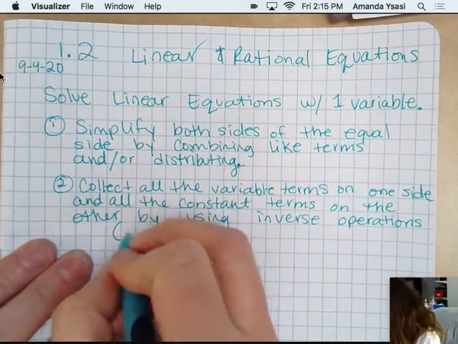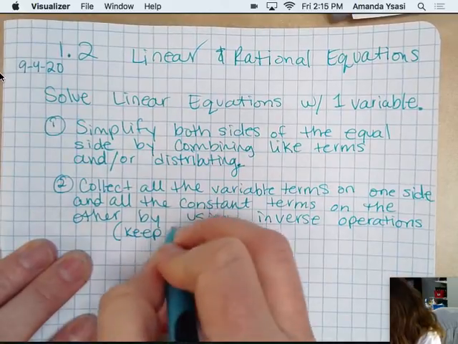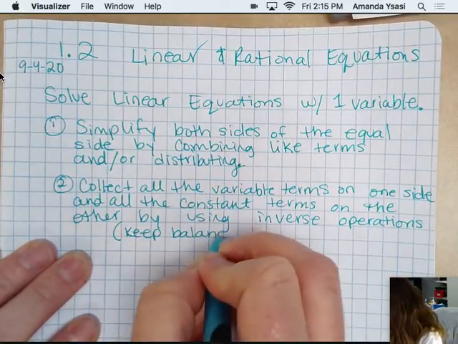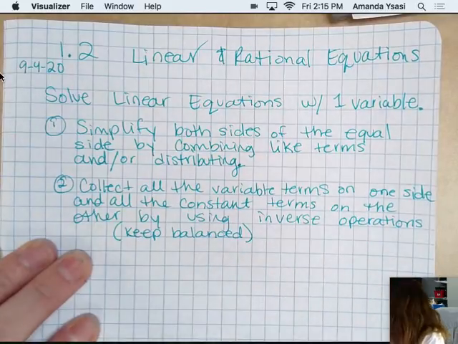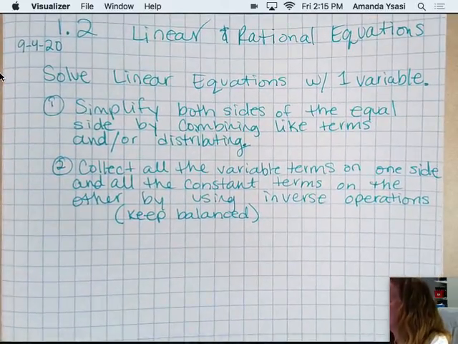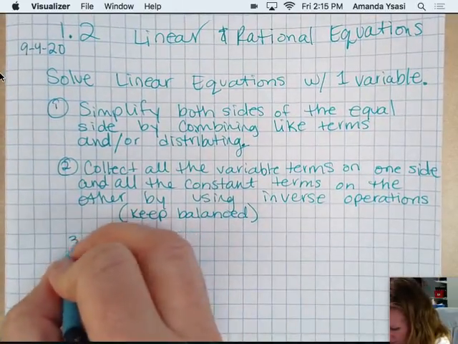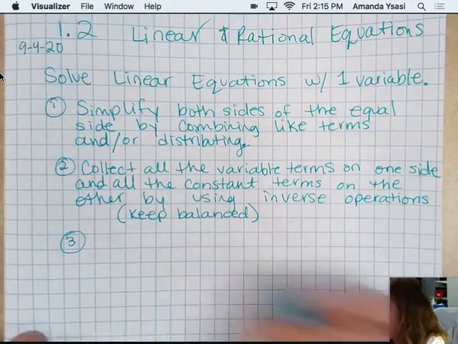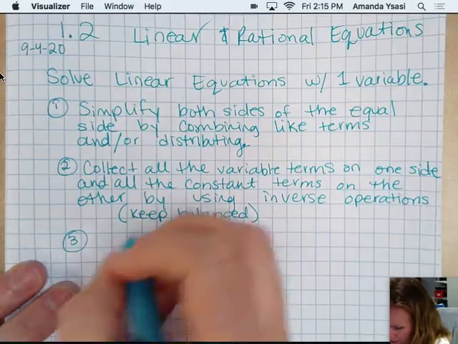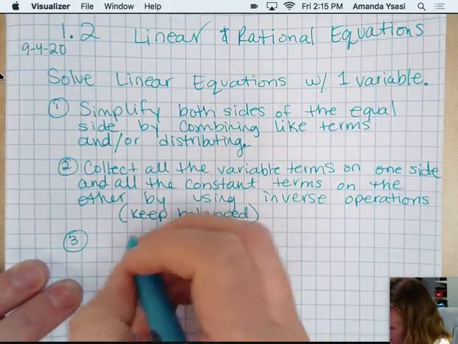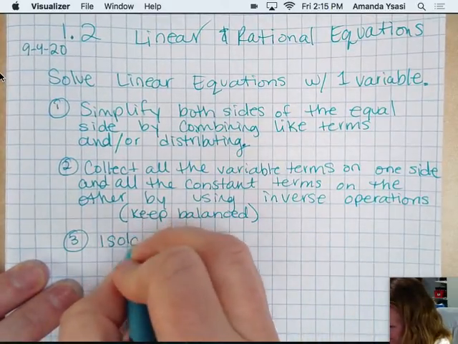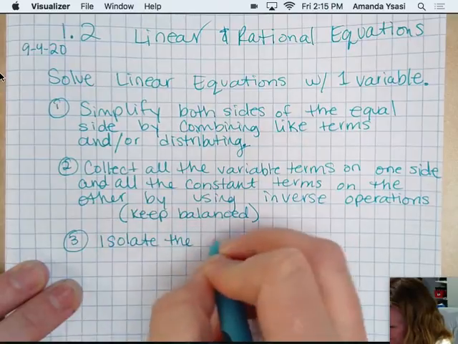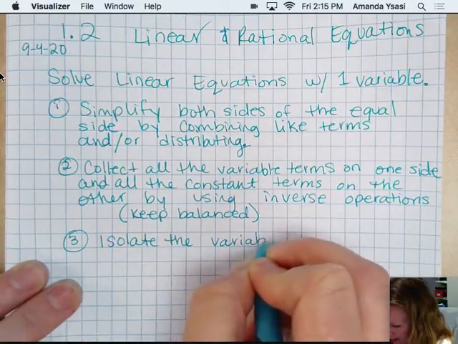So I'm going to put in parentheses, keep balance. Then step 3, isolate the variable and solve.